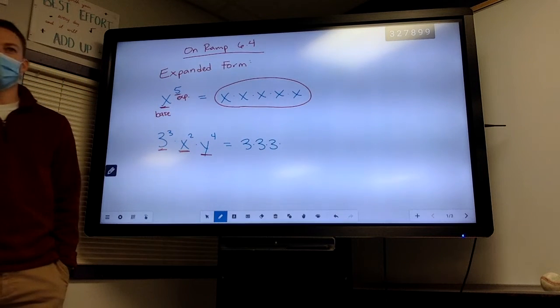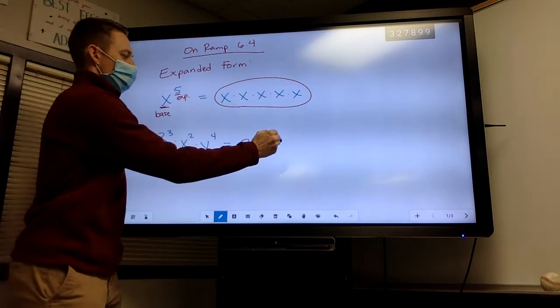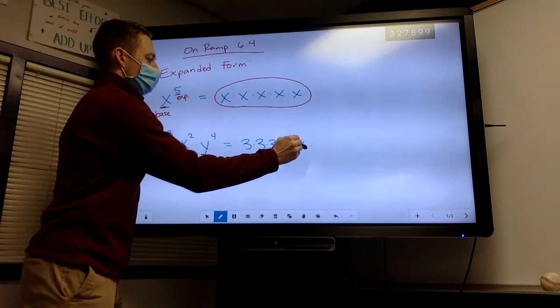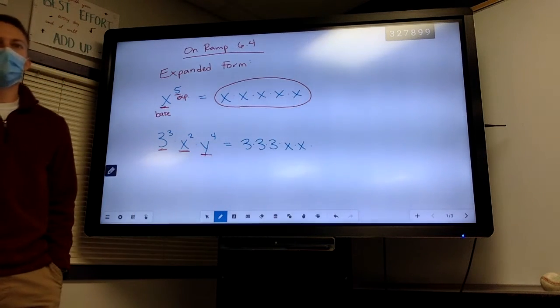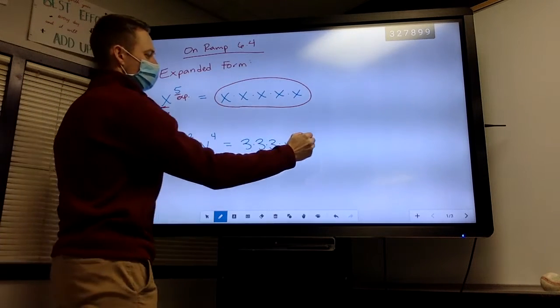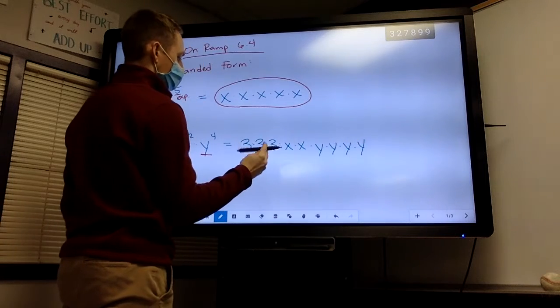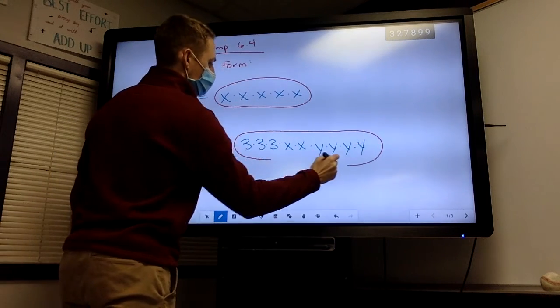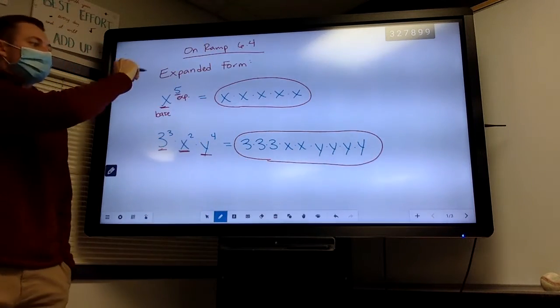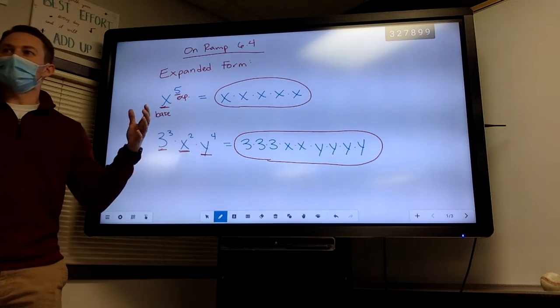How many x's do we have? 2. X times x. And how many y's do we have? 4, right? 4 y's. And that's all they want. We don't need to simplify it yet. When they ask for the expanded form, we're just writing it out the long way.